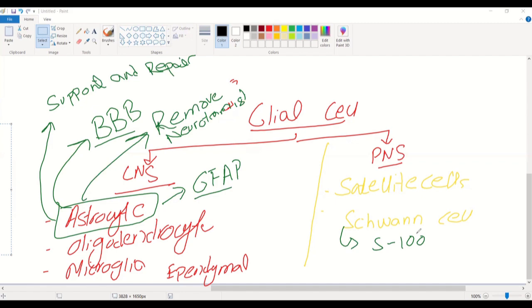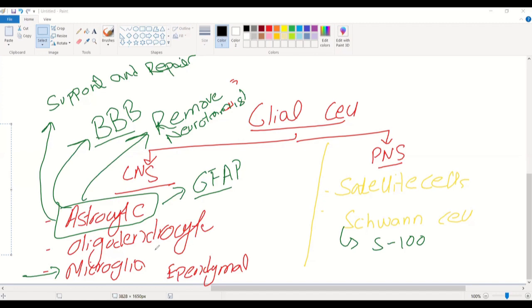So we discussed astrocytes, oligodendrocytes. What about the microglia? Microglia cells are derived from which germ layer? Mesoderm. So these are mesodermal in origin.